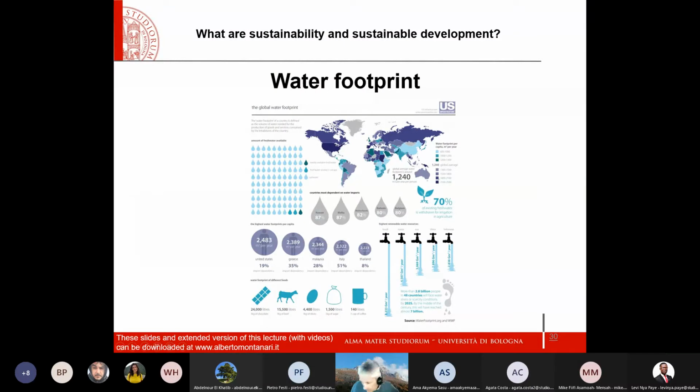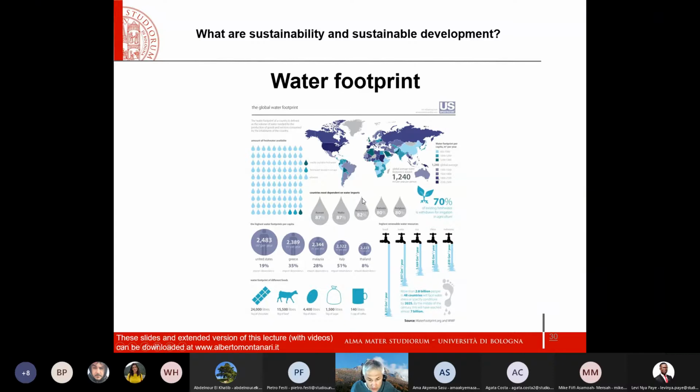So good. As I said, we closed the last lecture with this slide. I suggested to you to have a look at the information contained herein, which gives an idea of the water footprint.